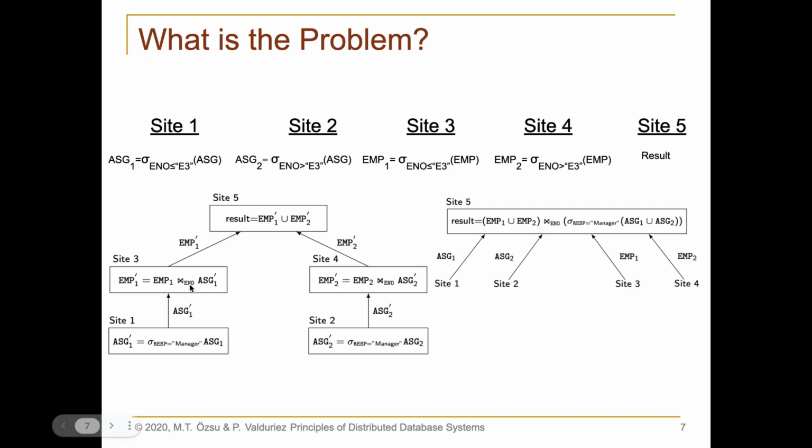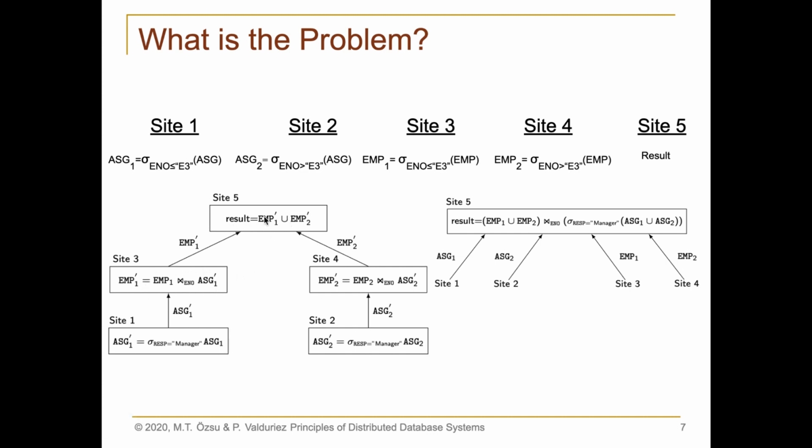Then further, we can transfer employee 1 prime and employee 2 prime, which are the result of the join operation between employee and assignment sub-relations. And we can union the sub-relations from site 3 and site 4 to get the desired result.